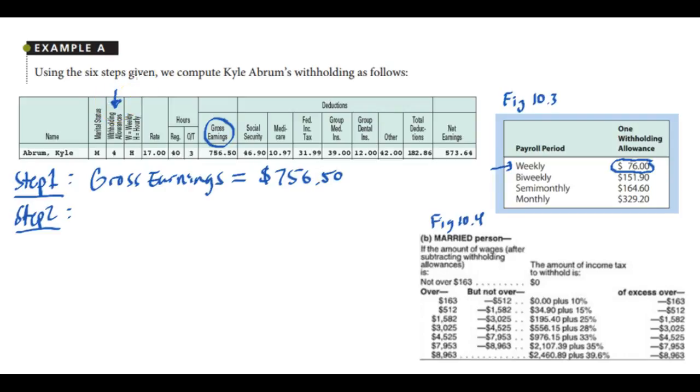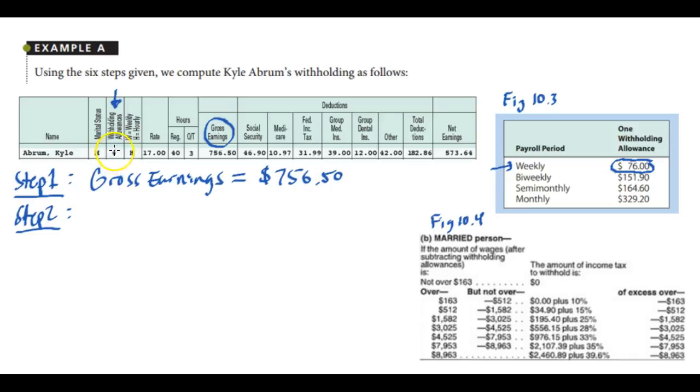Now, one piece of information you need to know for your homework is that the withholding allowances will not be just given to you as a number, like 4. It won't say the withholding allowances is 4. It'll be given more specific information regarding how you get a certain number. A withholding allowance is based on, well, you can have an allowance for yourself, for your spouse, and your children.